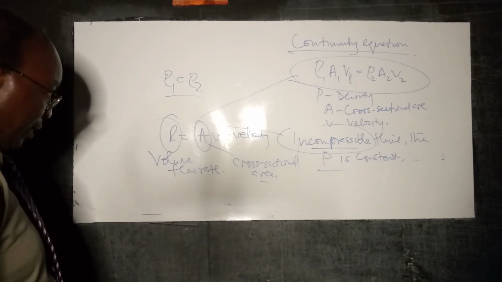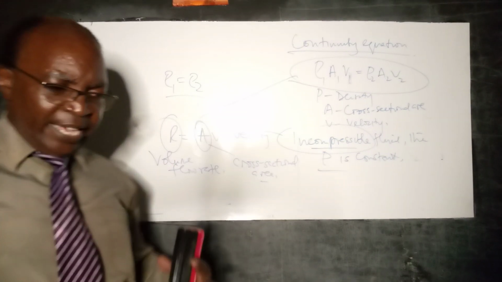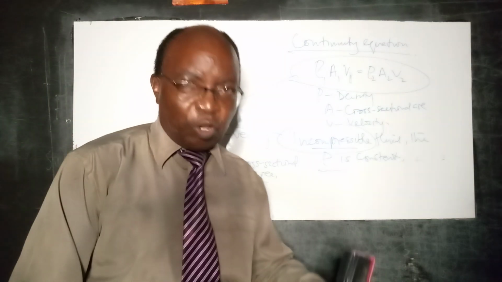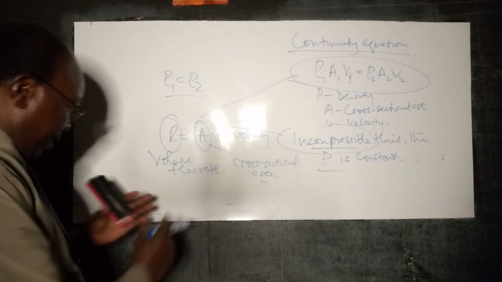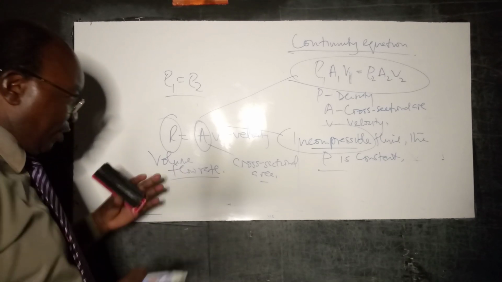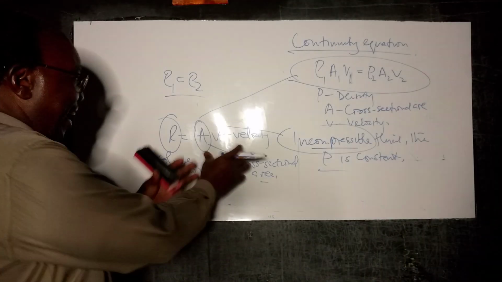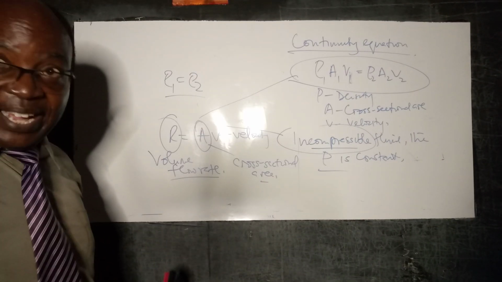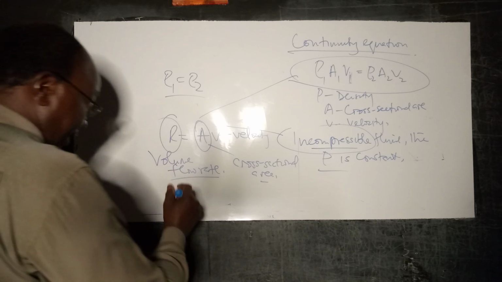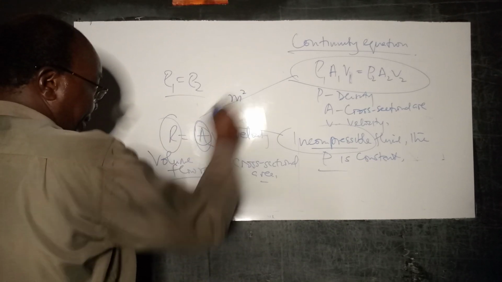So if you look at these quantities, just do dimensional analysis. As a professional, learn to do dimensional analysis so that even as you are saying volume flow rate, you know whether what you have there is really volume flow rate, or you need to multiply by some factor to harmonize it. So what do we have? Area, let's say it's in meters squared.